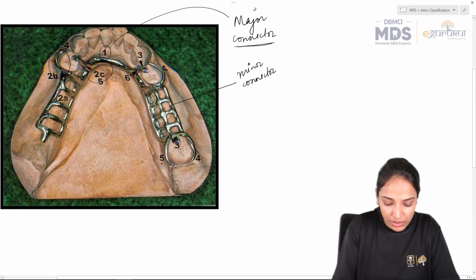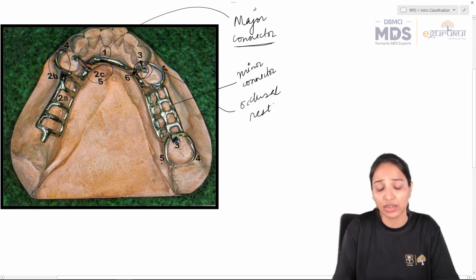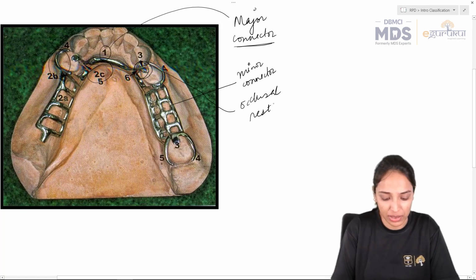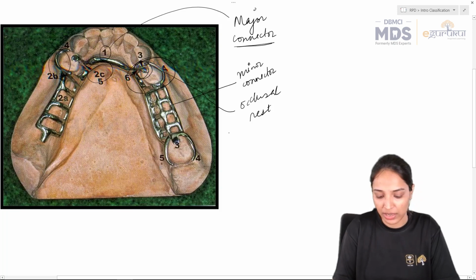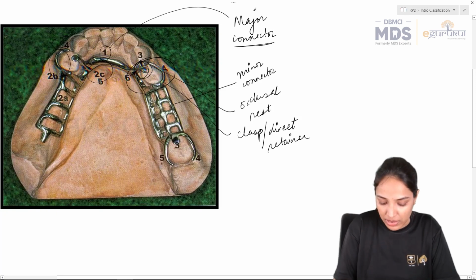Now, this part 3, which you see labeled over here, is called an occlusal rest. An occlusal rest is a part of the framework, and together with this entire assembly, it can be called clasps or a direct retainer assembly. This is also a direct retainer assembly here.